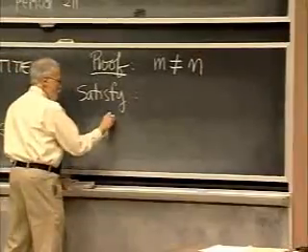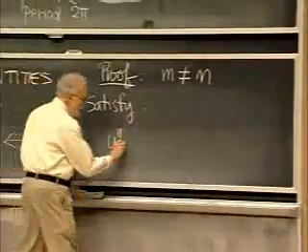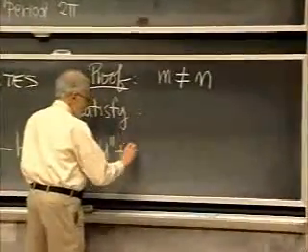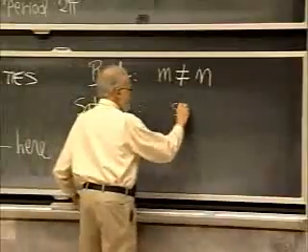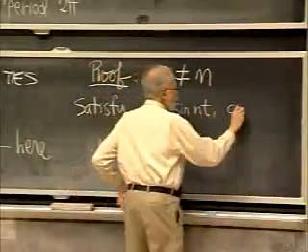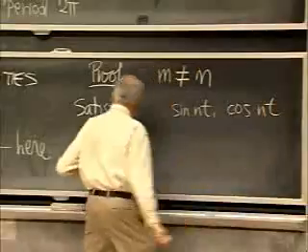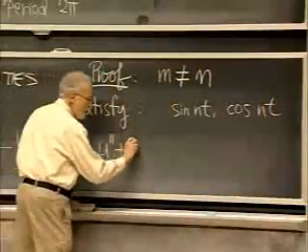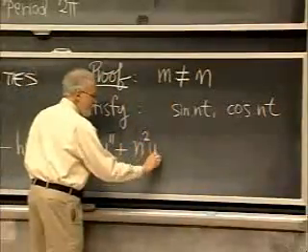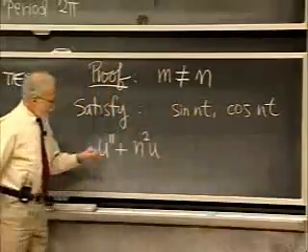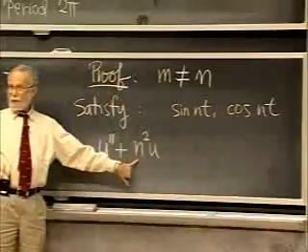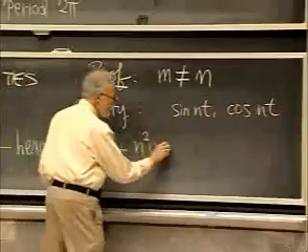u double prime plus n squared times u equals 0. So the functions sine nt, cosine nt satisfy this. In other words, the frequency is n, and therefore the square of the frequency is what you put here.